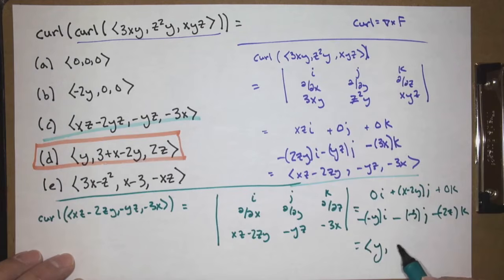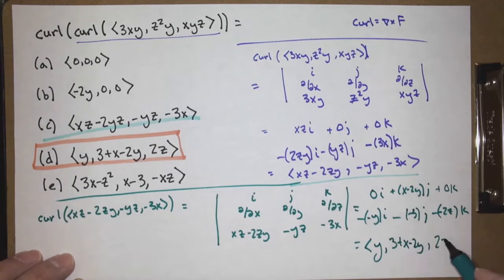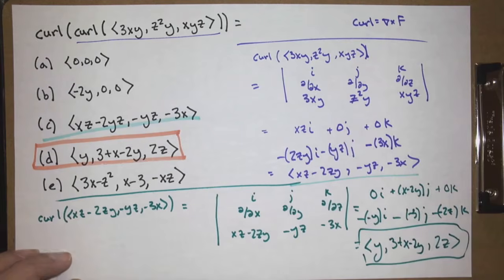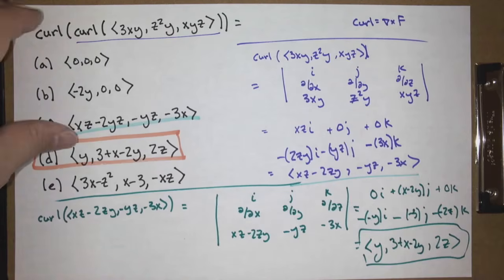Here you get a minus minus 3, which is a 3, plus x minus 2y. And 0 minus minus 2z is a positive 2z. So there you go. All right, any questions on this one? Okay, cool.